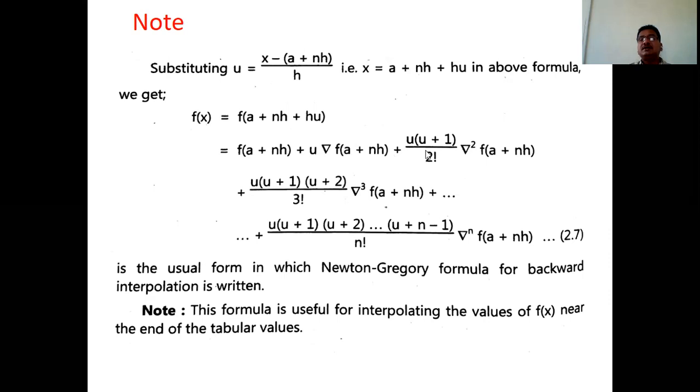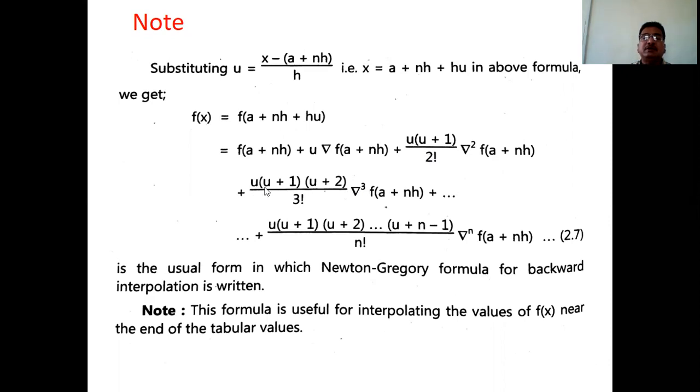Then the next term in the forward interpolation formula is u minus 1 by 2 factorial. Instead of that, in the Newton backward interpolation formula, the term is u plus 1 divided by 2 factorial, del square f of a plus nh, f of the last point.